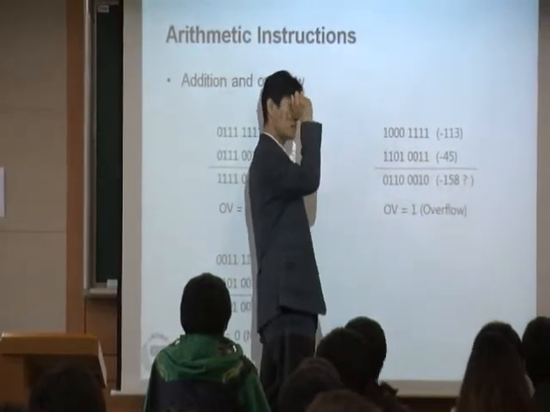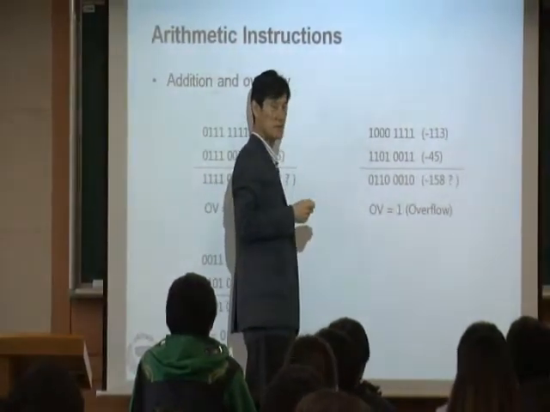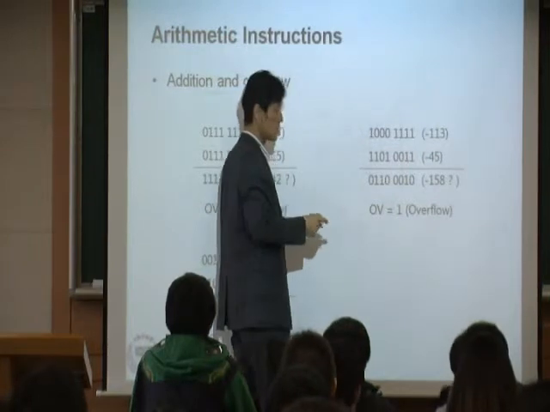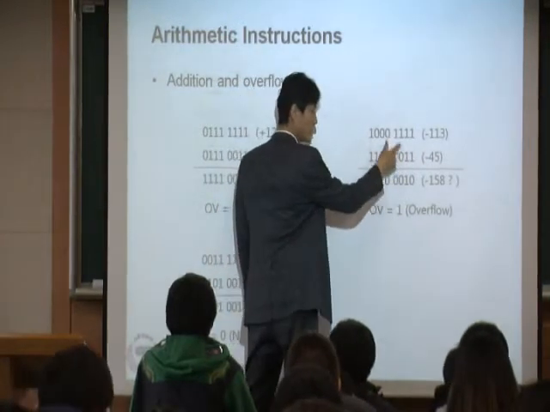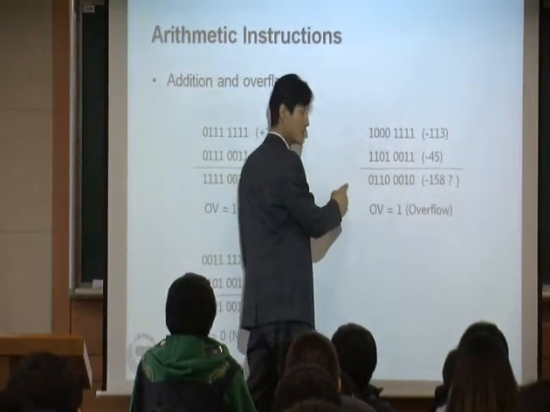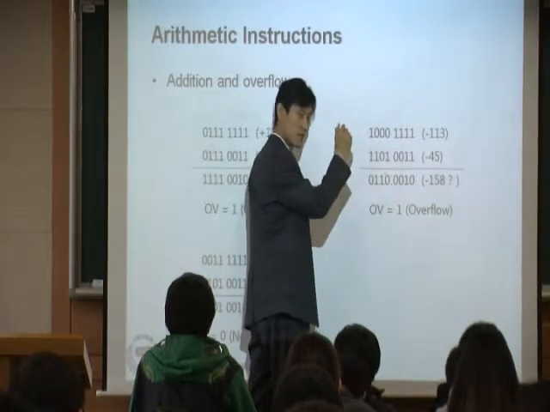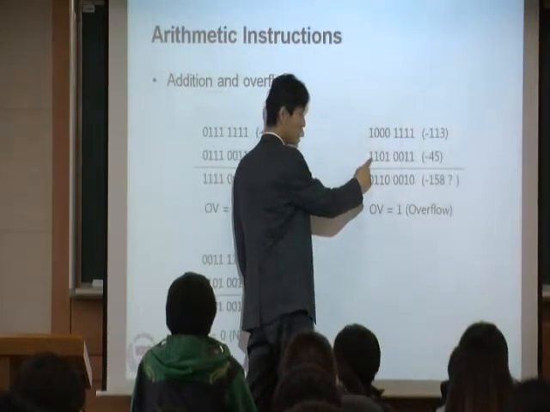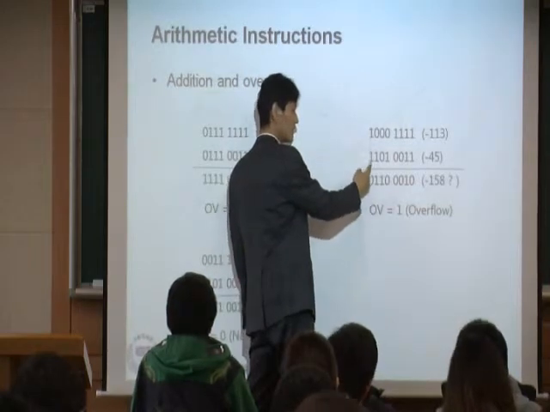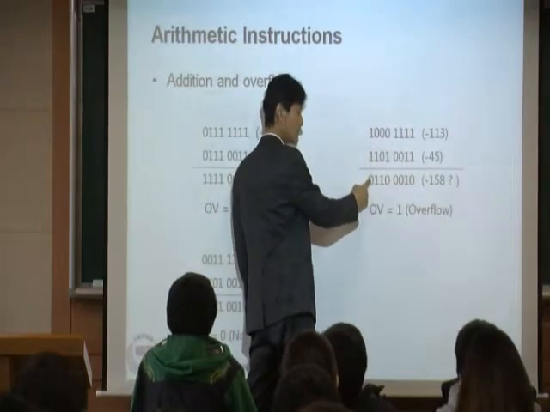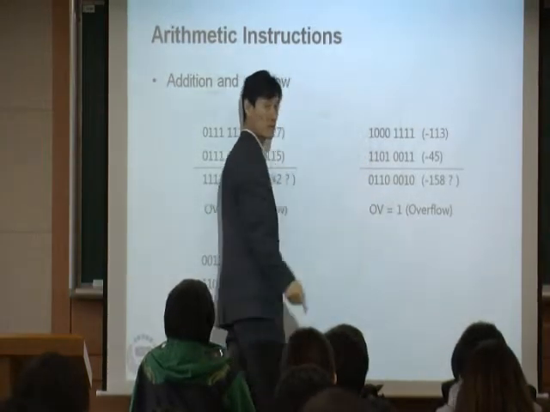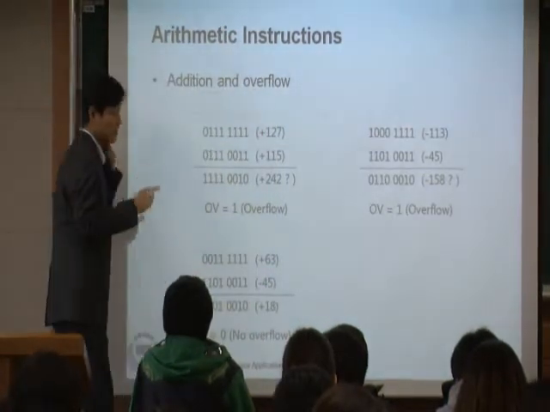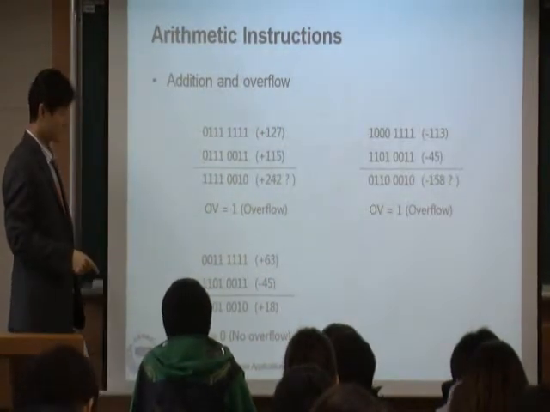So the carry flag is up, and overflow is also up. The carry flag is up because when you add these two, the result becomes 9 bits. And overflow is up because you have a 1, 1 and a carry from this bit, and the result becomes 0. So you have overflow.